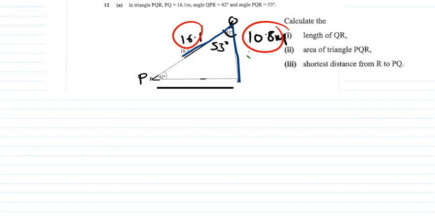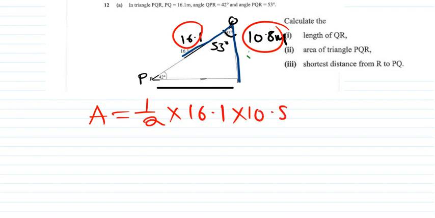So the area for this triangle is going to be half multiplied by 16.1 multiplied by 10.8 and then the sine of the angle in between them, which is 53.